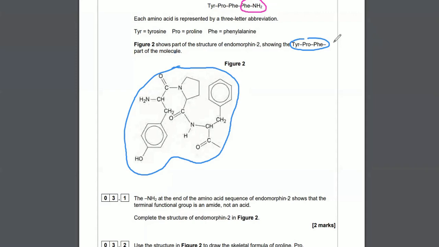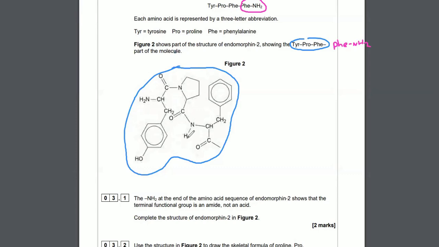We need to add another phenylalanine and then a terminal group, which is NH2. So we've got to look at this structure and work out what phenylalanine is. Because PHE is the last part of this three amino acid structure, we can just find the final amino acid in the structure and then repeat it to make the next PHE.